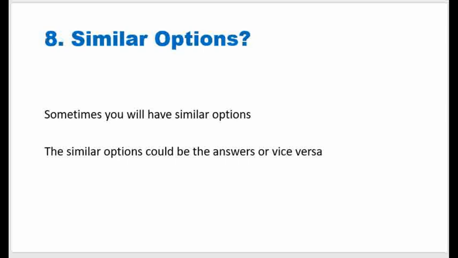Number 8, similar options. Now, upon classifying the question, whether you're using the true-false method or the positive-negative method, you will realize that the answers you choose have some similarities. Sometimes the options that should not be chosen, that is those that should be eliminated, have some similarities.